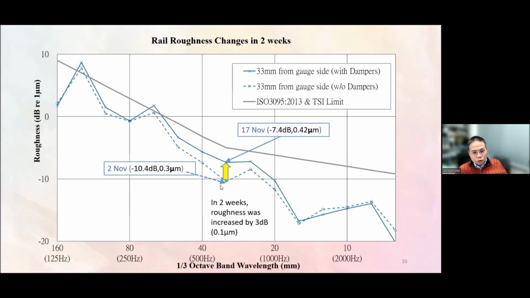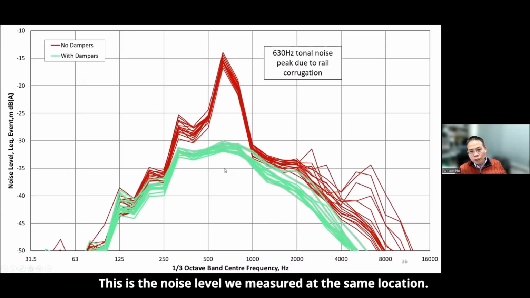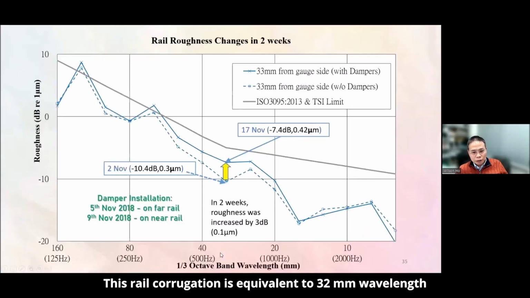This is the noise level we measured at the same location. We know that when the railway is left to run for half a year, the noise level will go like this. And this tonal noise at 630 is due to the rail corrugation, which is equivalent to a 32 millimeter wavelength.